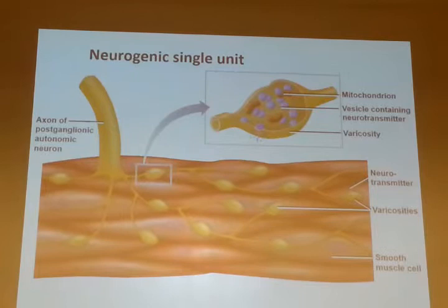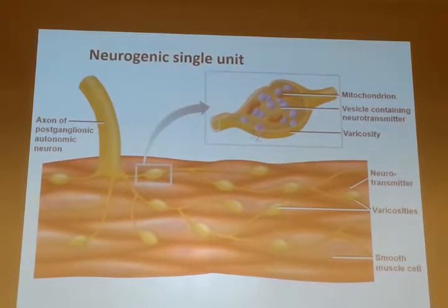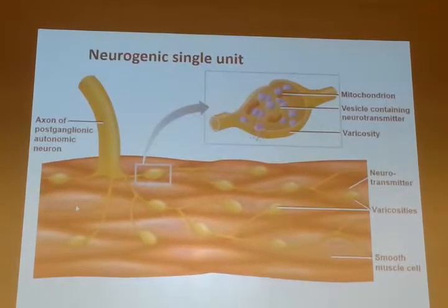So single unit, each little varicosity must release neurotransmitter onto individual cells, and they will contract if that neurotransmitter gets to the receptor on the smooth muscle cell. So each cell will generate its own action potential that will then open calcium channels, and the contraction process is initiated.